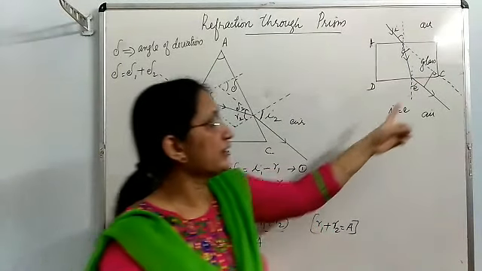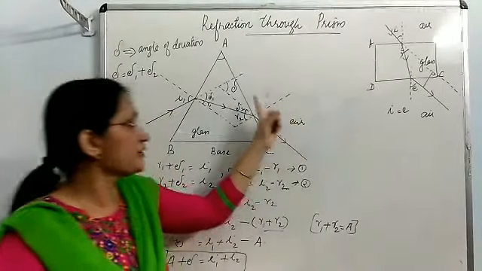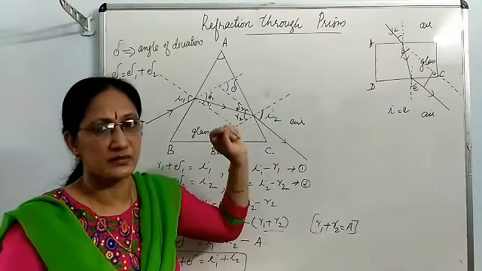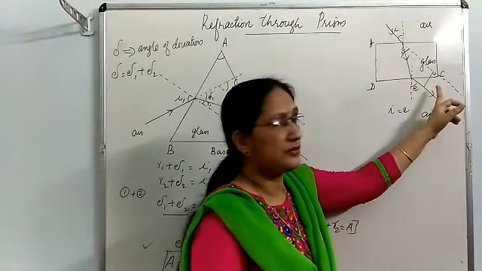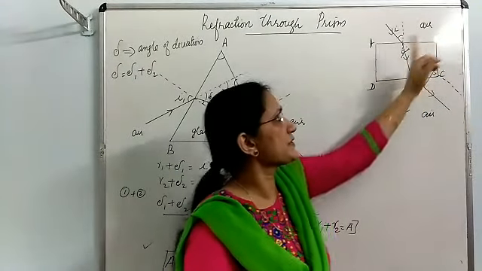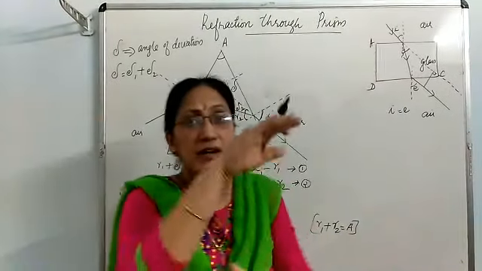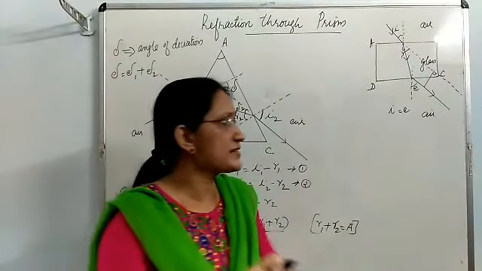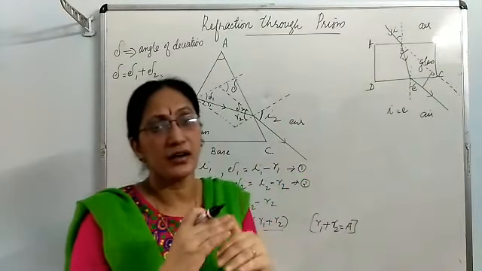The reason why the emergent ray and incident ray go parallel in this case and not parallel in the case of the prism is, look at the two refracting surfaces here, AB and CD. First refraction happens on the surface AB, second on CD. These two surfaces AB and CD are parallel surfaces. That is the reason why the emergent ray and the extended incident ray are parallel.